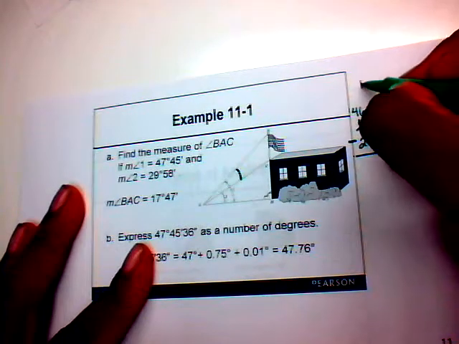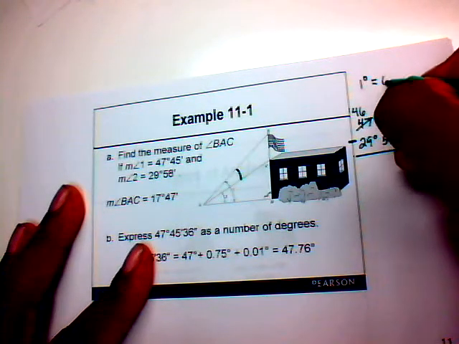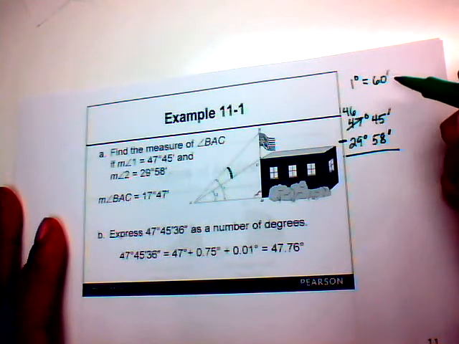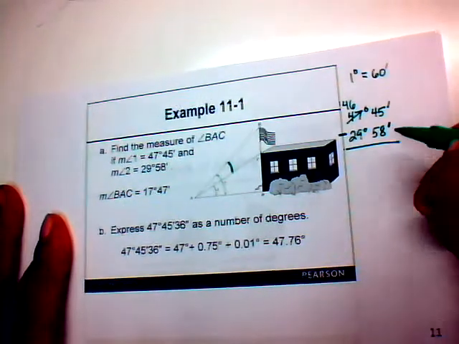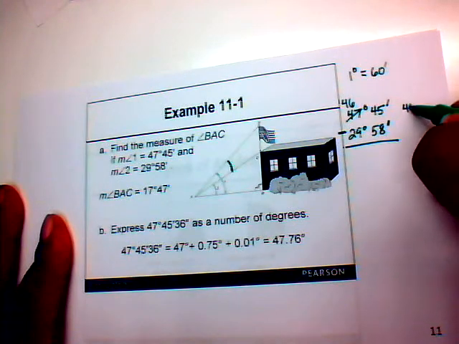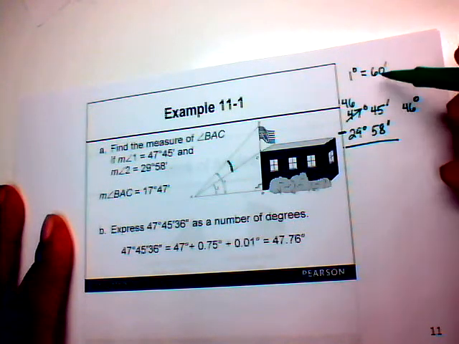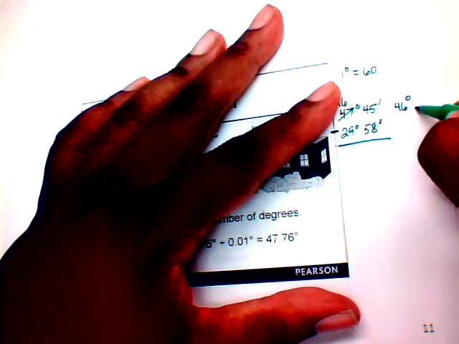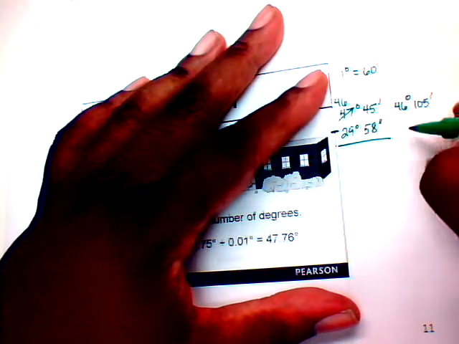Now think of this: 1 degree is 60 minutes. So we add the 60 minutes to the 45 minutes, which gives us 105 minutes.